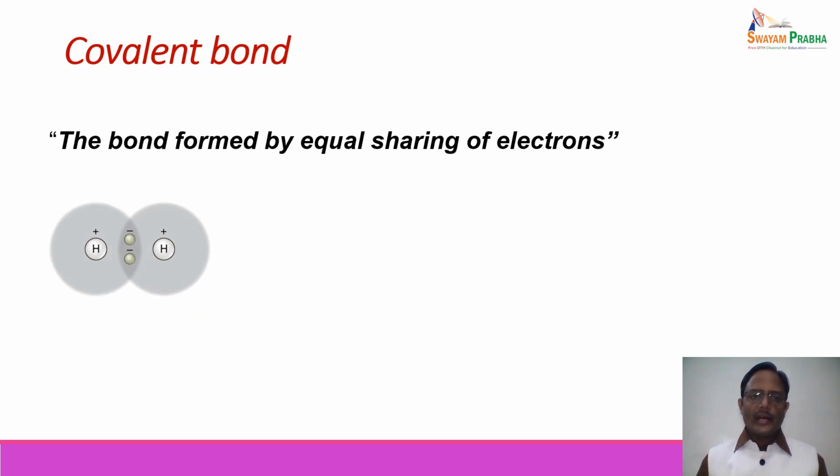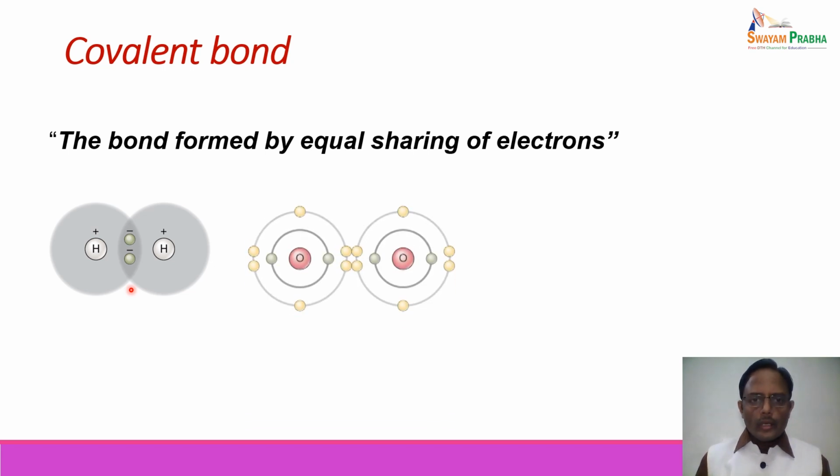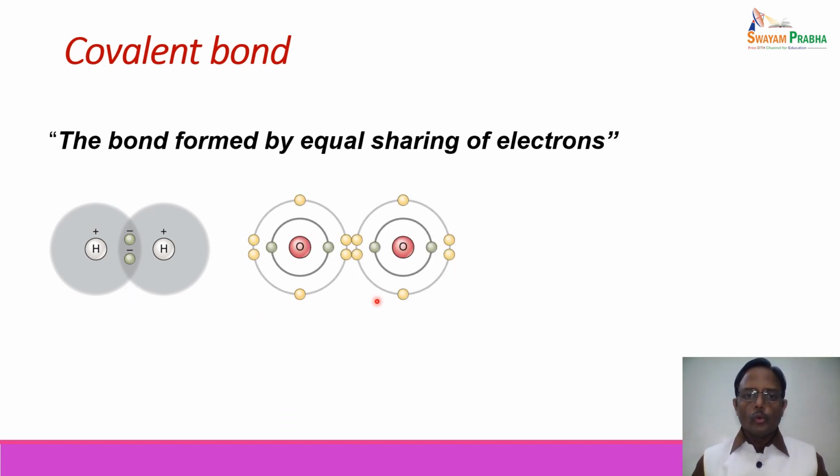For example, we know that a hydrogen atom has one unpaired electron in its valence shell, which is the first shell. Two hydrogen atoms can share their electrons so that the valence shell configuration becomes 1s2, which is the stable noble gas configuration of helium. Another molecule is the O2 molecule.